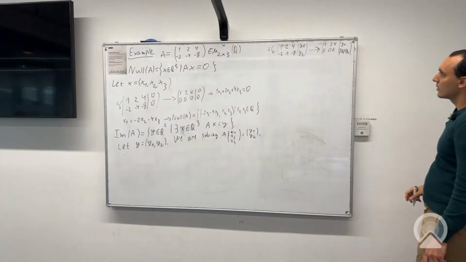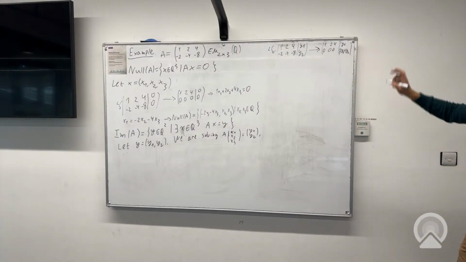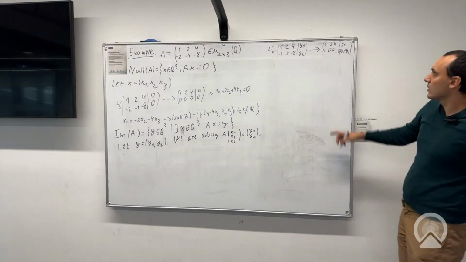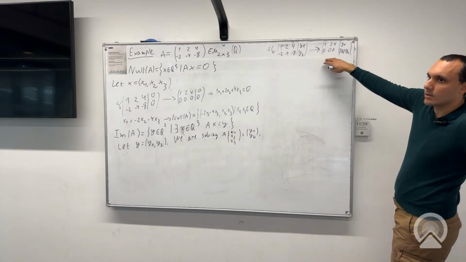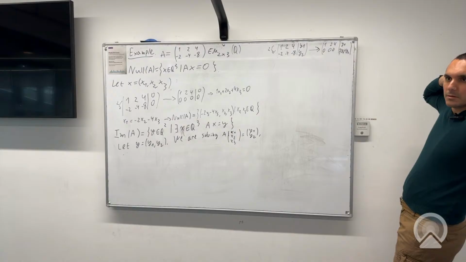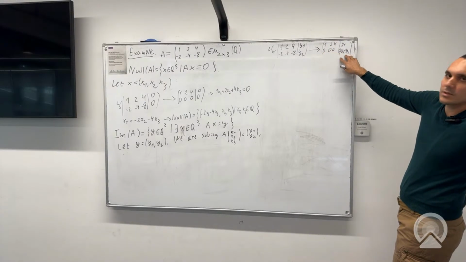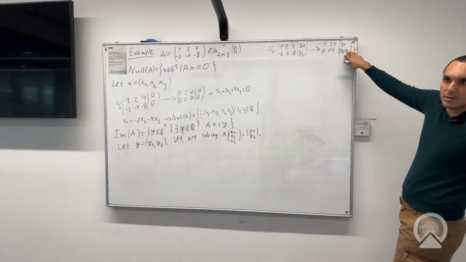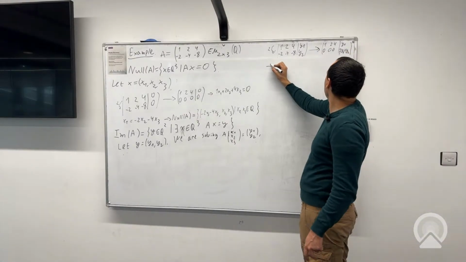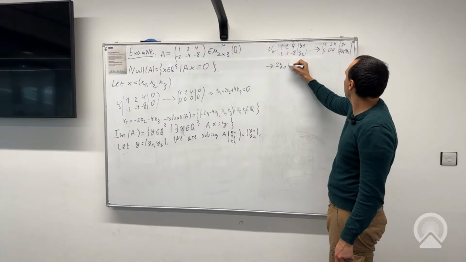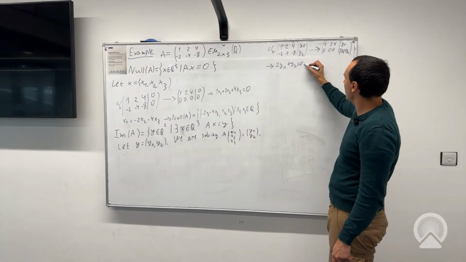So what should I conclude? So 0 times something plus 0 plus 0 equals this thing here. So 2y1 plus y2 equals 0.